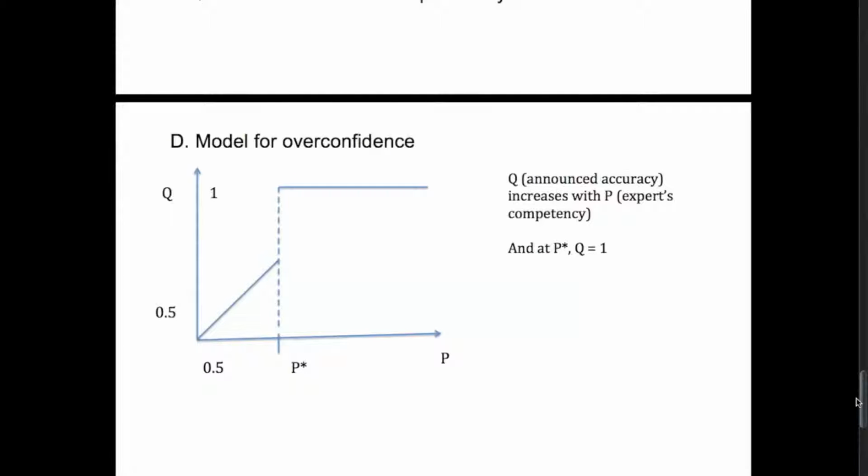At a point P star, as soon as the expert's competency reaches P star, the market expectation of that competency becomes 1. The market doesn't care. As soon as it goes beyond P star, the market expectation for the expert's competency is 1.